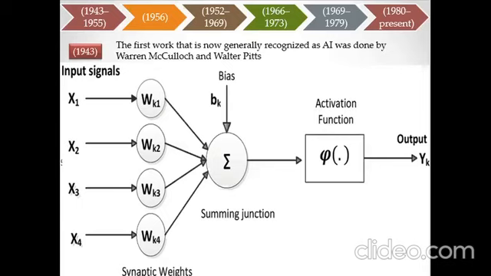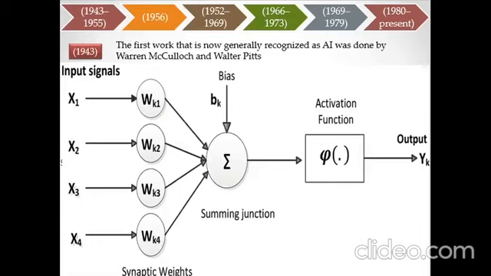In the brain, the neurons do this work. The neuron is divided into parts: the axon, the dendrite, and the cell body. The axon is the output fiber. The dendrite is the input fiber, and inside the cell, the information is processed.